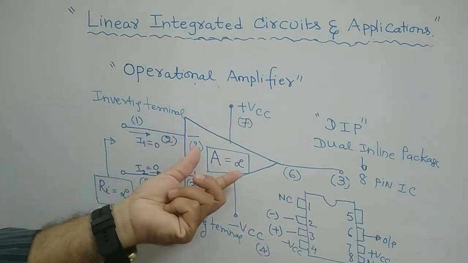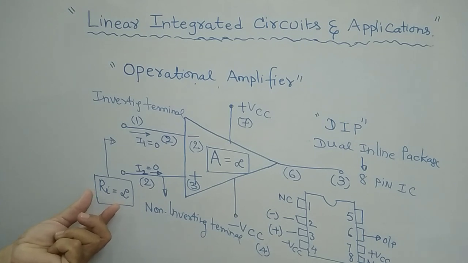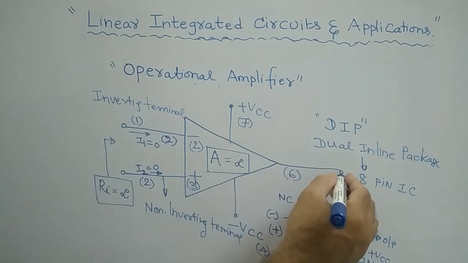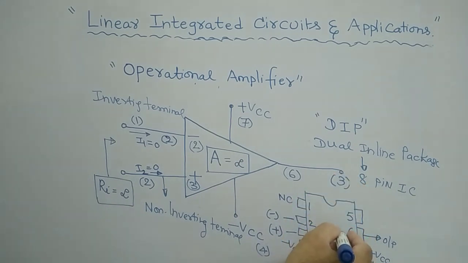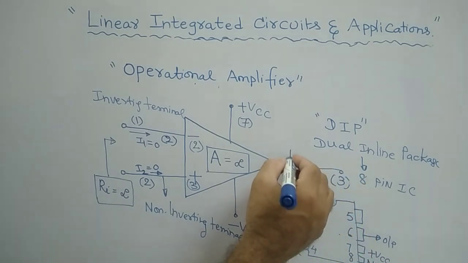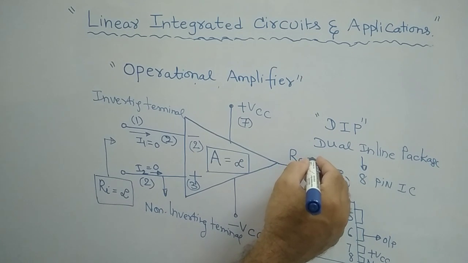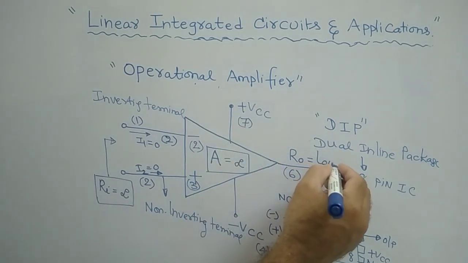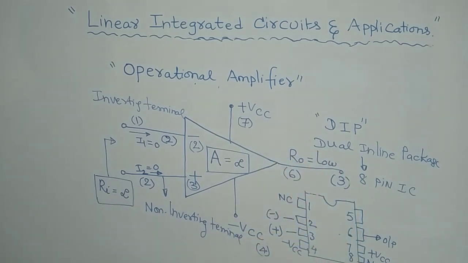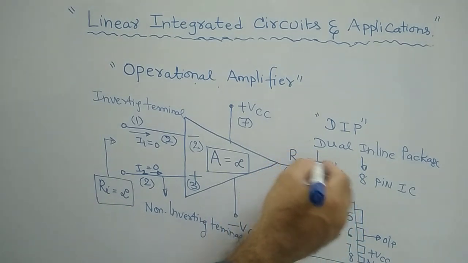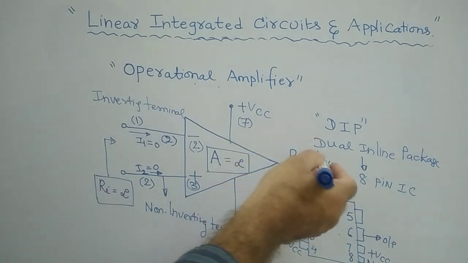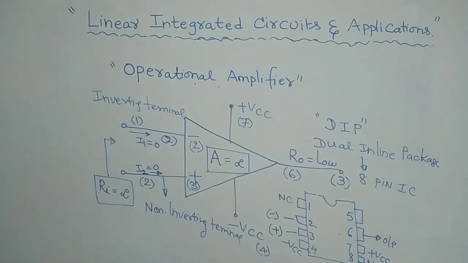The open loop gain is infinite, the input impedance is infinite, and the output impedance is measured with respect to the output terminal and ground. That is called R naught. This value is low, ideally 0, but in general practically you will get certain values which are obviously low compared to the input impedance.